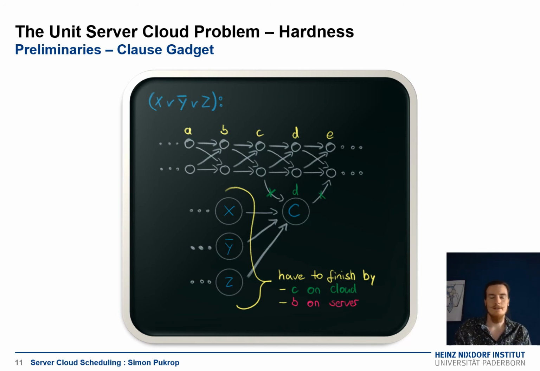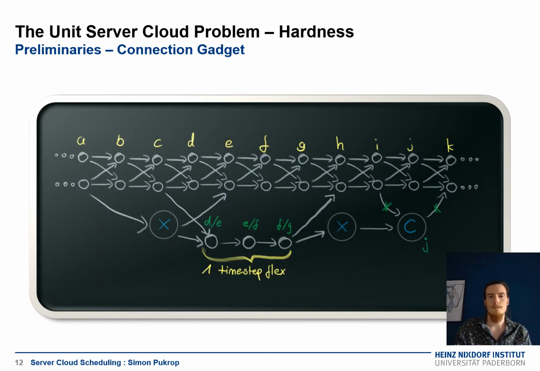And since the timing of the clause job C is fixed via the anchor chain, we have specific timings in which x, not y, and z have to finish at the latest. And that is one time step later if they are done on the cloud, or one time step earlier if they are done on the server. So it's basically harder to put them on the server. That is what we later use.